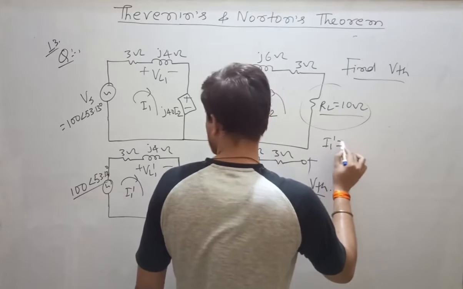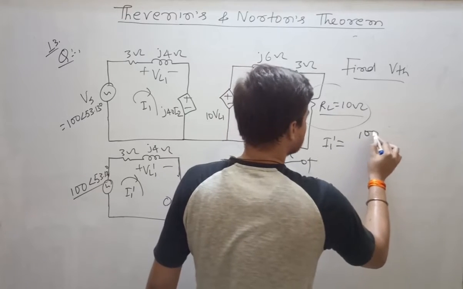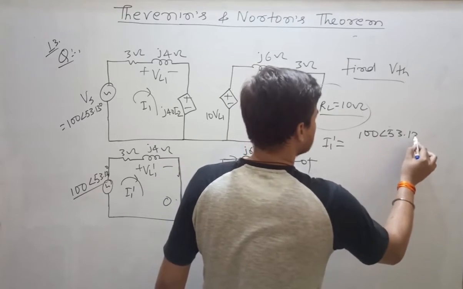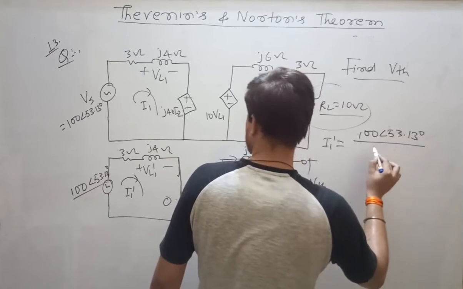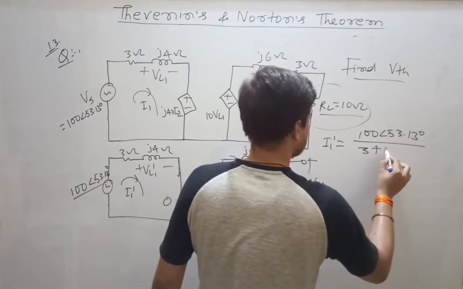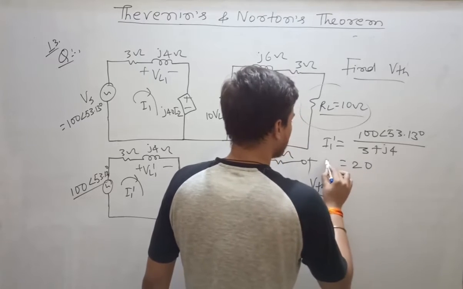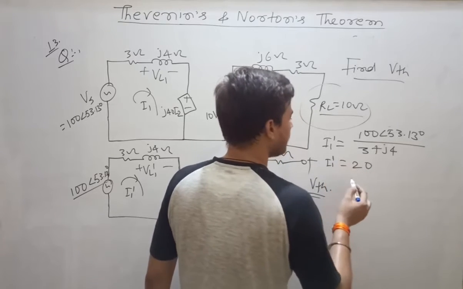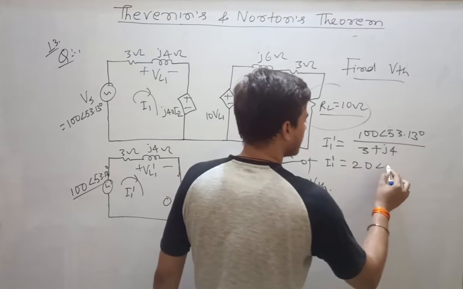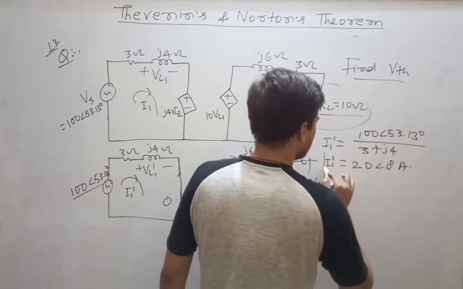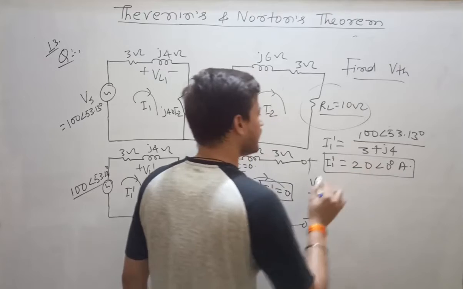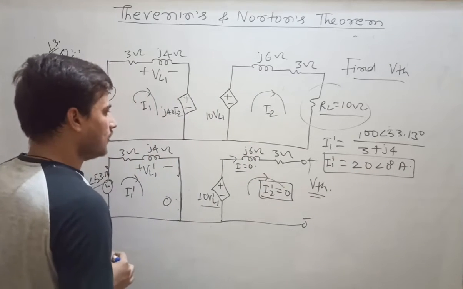I1 dash will be equal to 100 at the angle 53.13 degrees divided by 3 plus j4. So its value is 20. I1 dash will be 20 at the angle 0 degrees ampere.